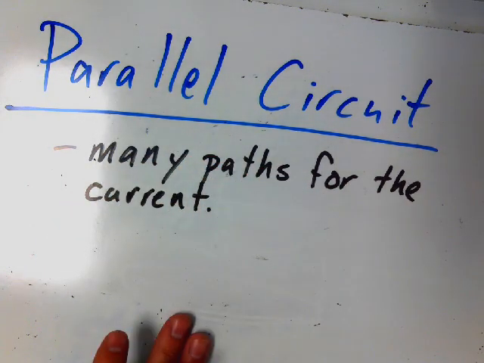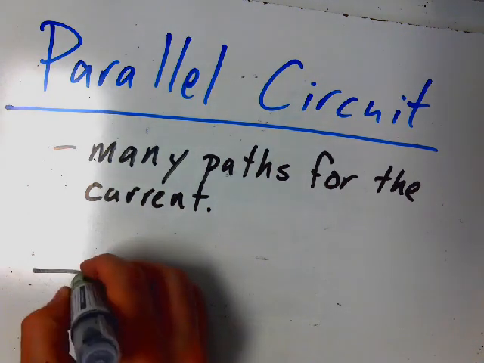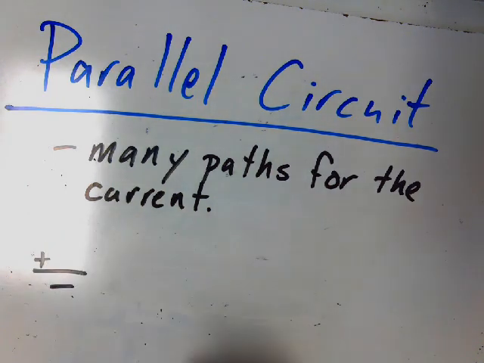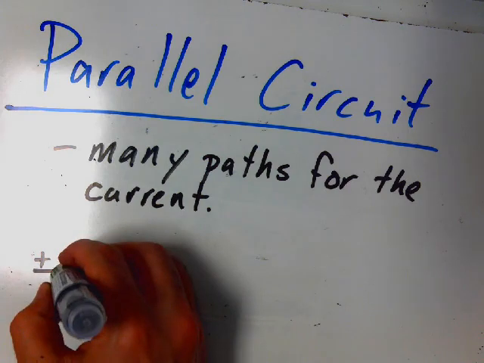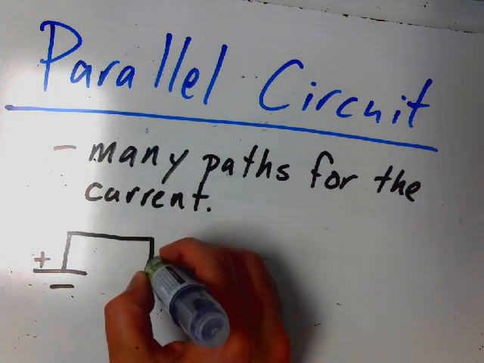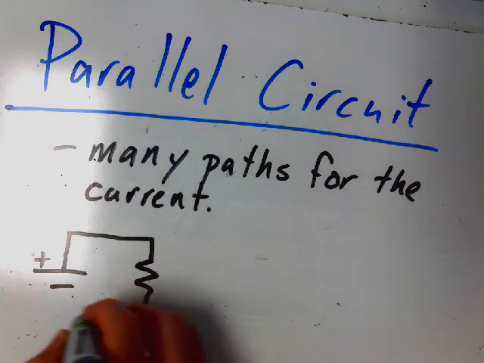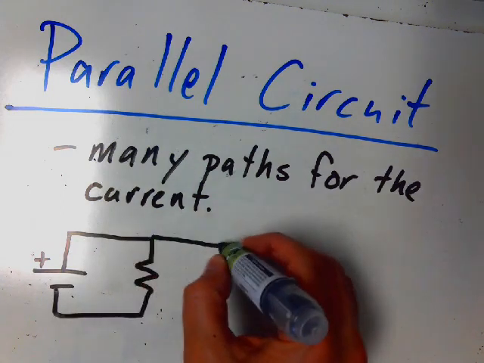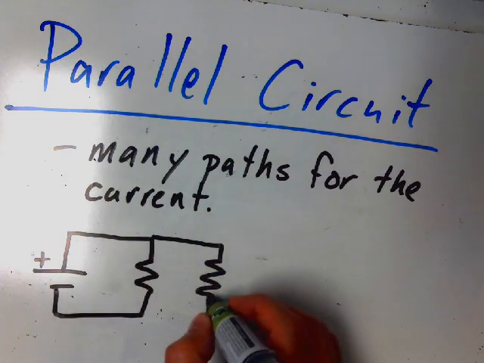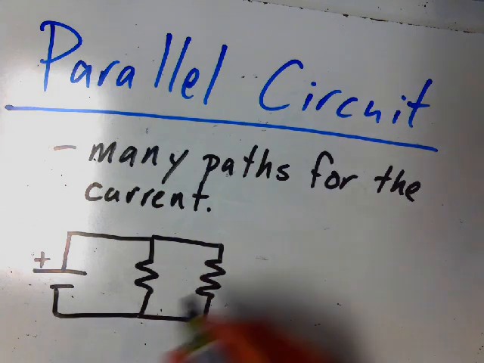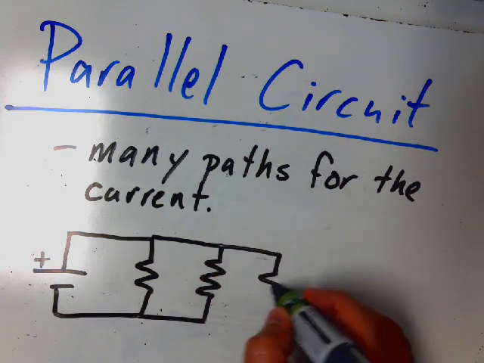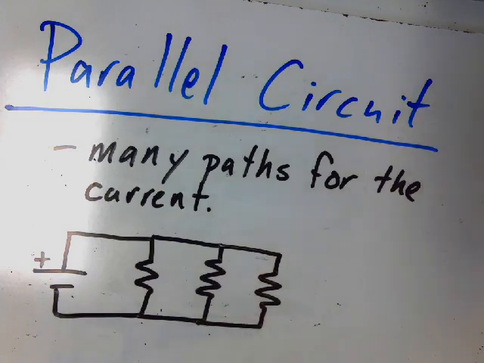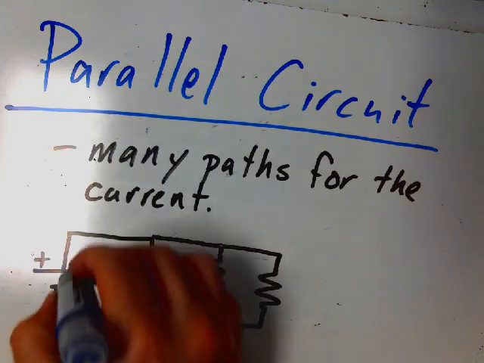Now, if I wanted to draw a parallel circuit with three different paths, or three different resistors, since I did the same thing for series, this would be one path. There's two paths. And here's three paths. So those three different paths, this is what it would look like.